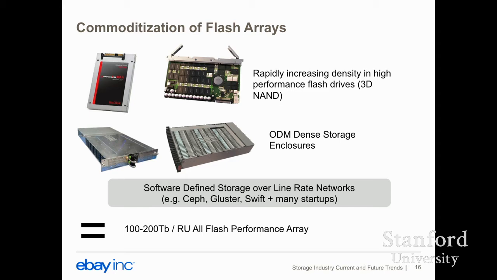And these have a roadmap. They're going to go even denser. As flash advances, as the media gets denser, they're going to go to a petabyte in 3U. So that density has a lot of implications for saving on data center space, especially if the cost is in the right place. And then software-defined storage, of course, sitting on top of it.